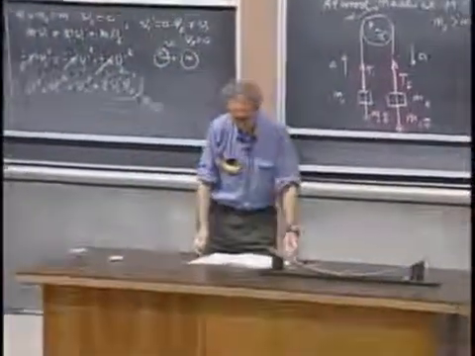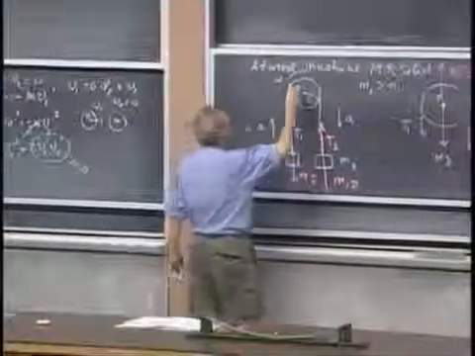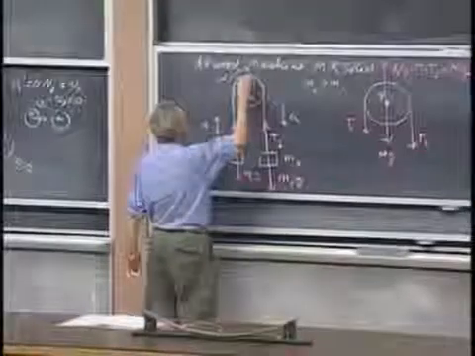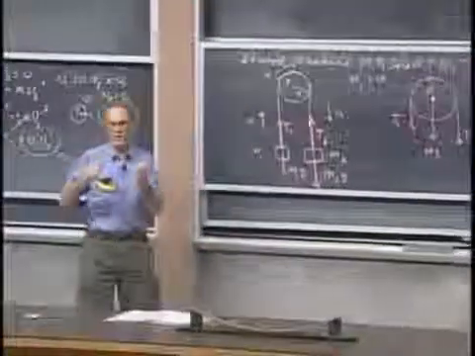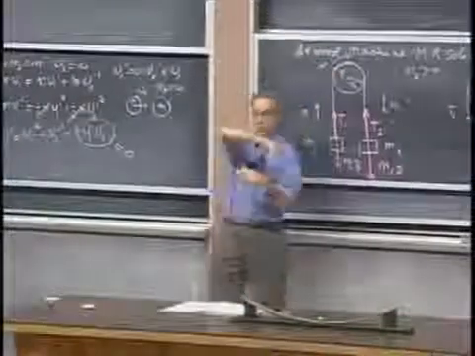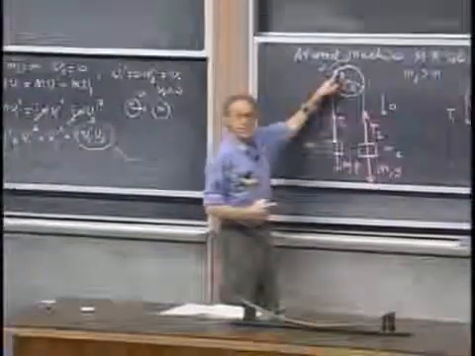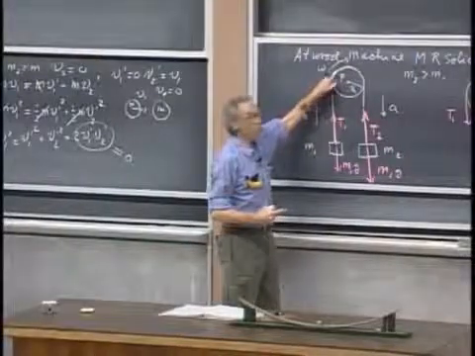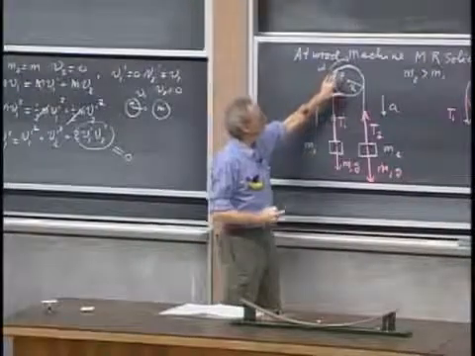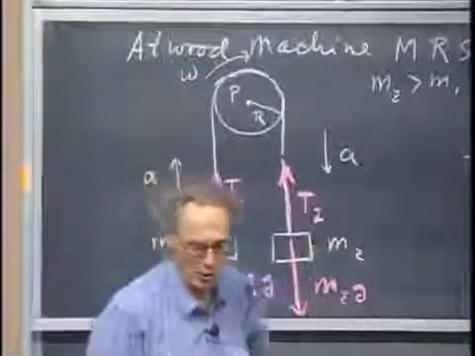So now we're going to calculate the acceleration under the condition that the rope does not slip. That means there is friction with the pulley, not friction here, but here, otherwise the rope would slip. What it means if there is no slip is that if the rope moves 1 centimeter, the wheel also turned at the circumference 1 centimeter. That's what it means when there is no slip.